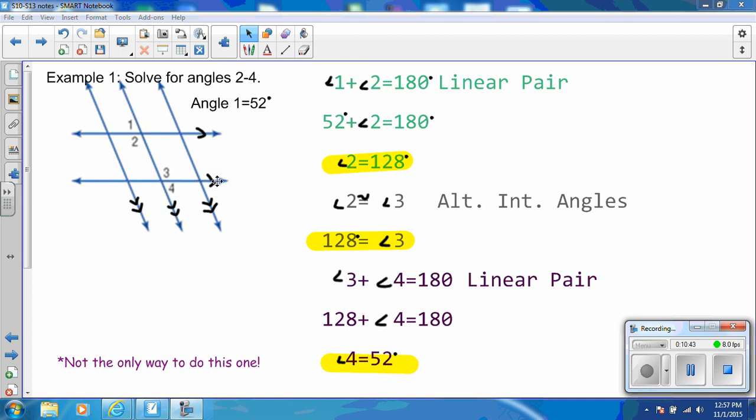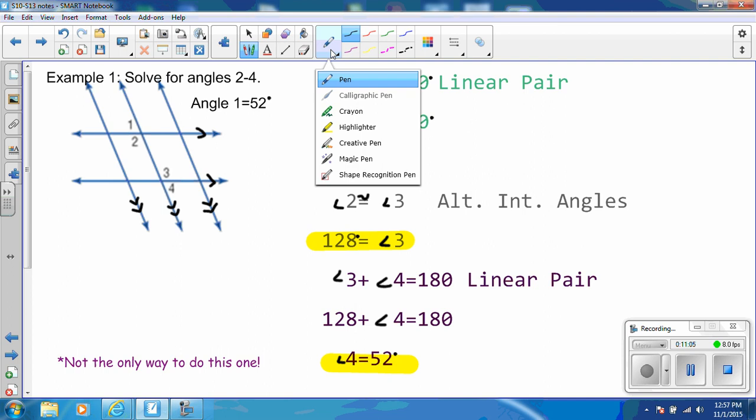So if we're looking at the horizontal parallel lines, 2 and 3 are inside of them. This middle vertical line, that's my transversal, and that puts 2 and 3 on opposite sides of the transversal, both inside the parallel lines, so alternate interior angles.